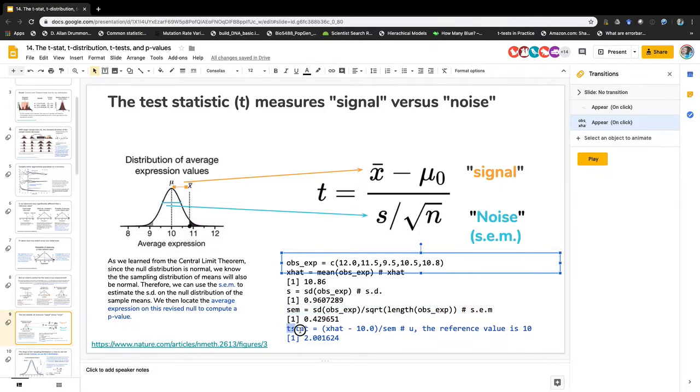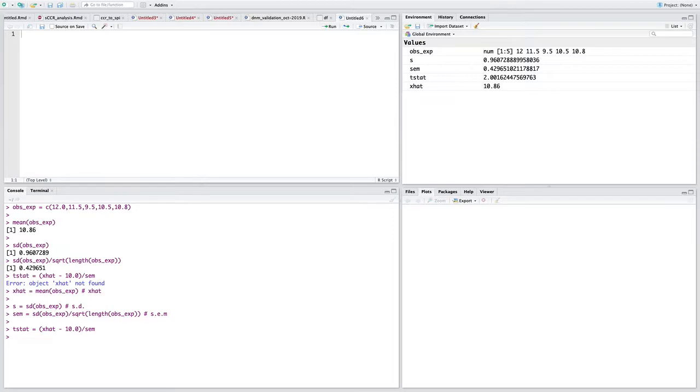And we can compute the t-stat as that difference in means. So the minus 10, that's the mean of the reference, the null distribution, versus the standard error of the mean. So essentially what we're saying is the signal to noise ratio is 2. The apparent signal is roughly twice the apparent noise.